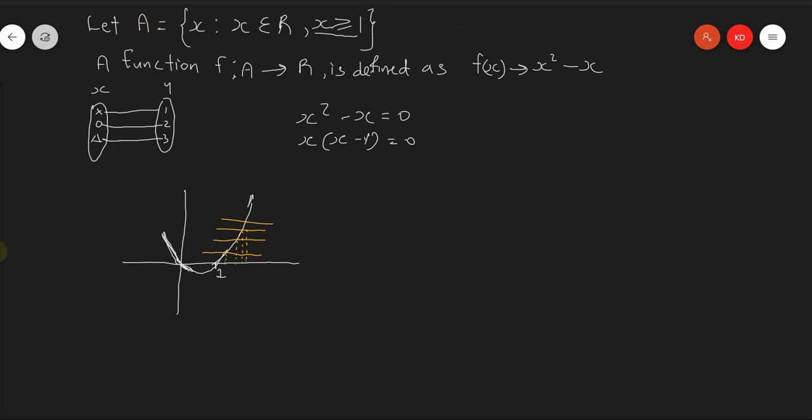I'm going to do B. B says let f of x equal 3x plus 2 and g of x equal e to the 2x.